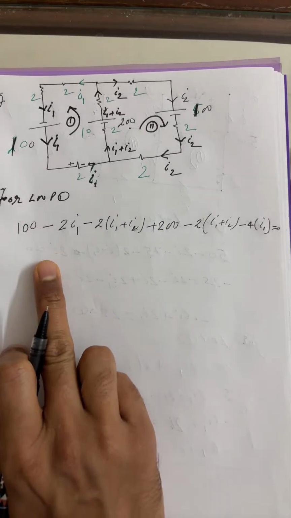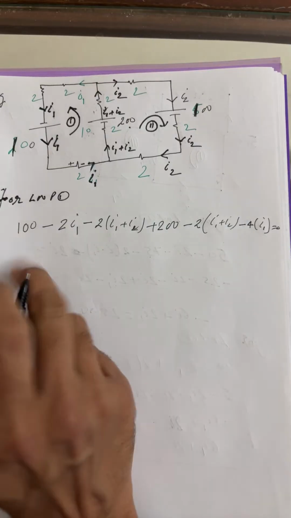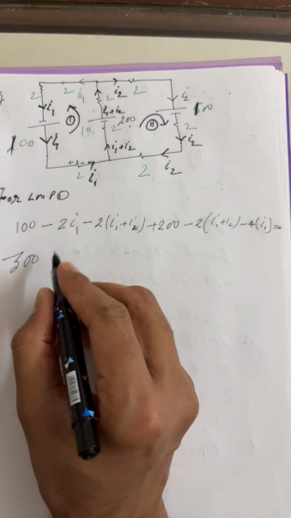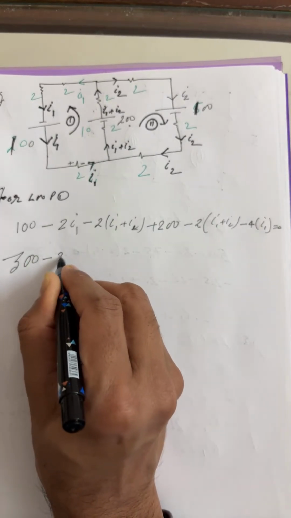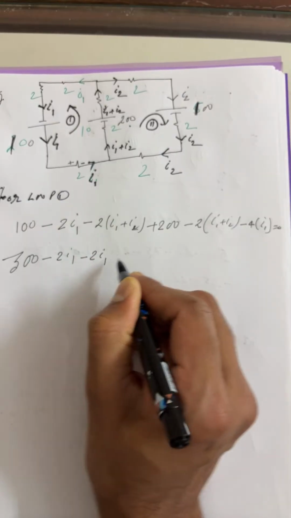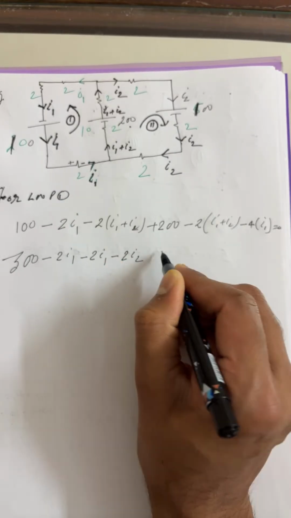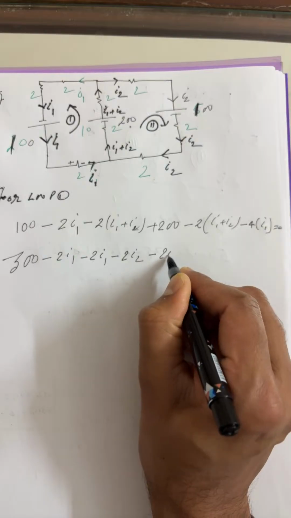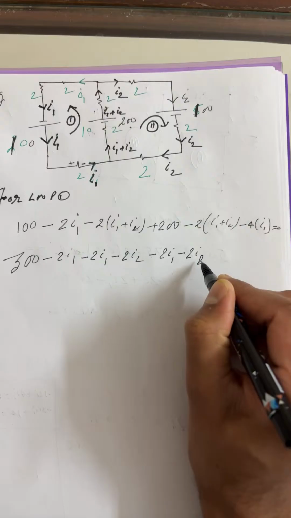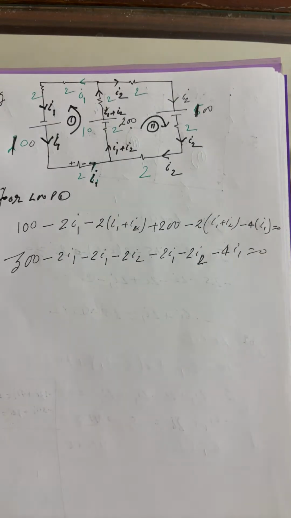Now beta, just be careful here. What can you say? 200 plus 100 here, this you can write 300. Beta 300 here, minus 2 I1 minus 2 I2, minus 2 I1 minus 2 I2, minus 4 I1 is equal to 0.